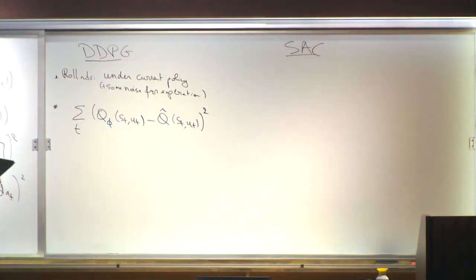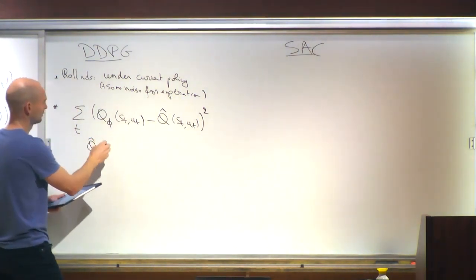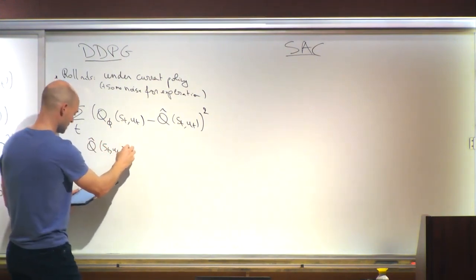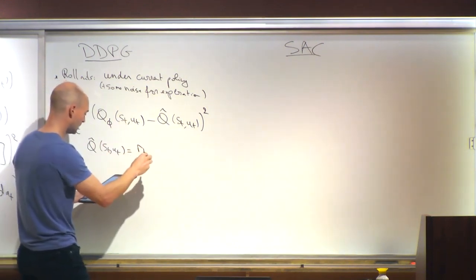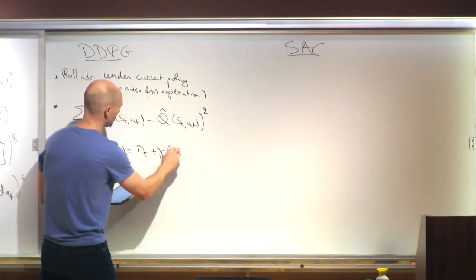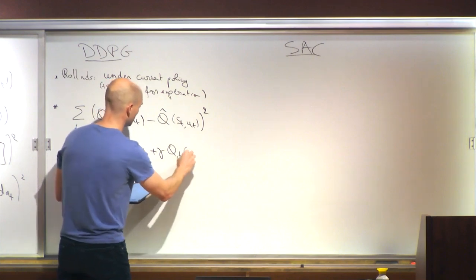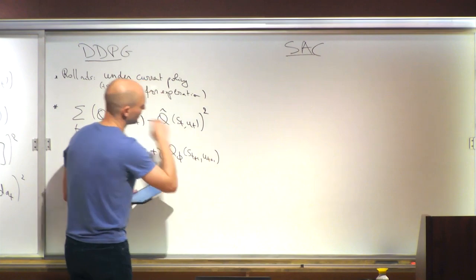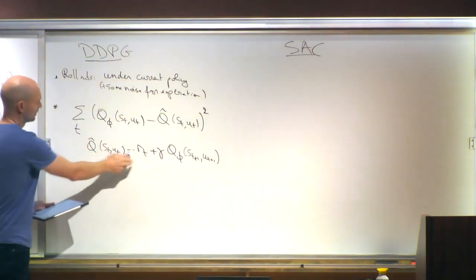What is our target here? Our target here is q hat of st, ut equals the reward we experienced in that rollout plus gamma times Q phi of st plus 1, ut plus 1, for now. We'll make a slight change to this later.